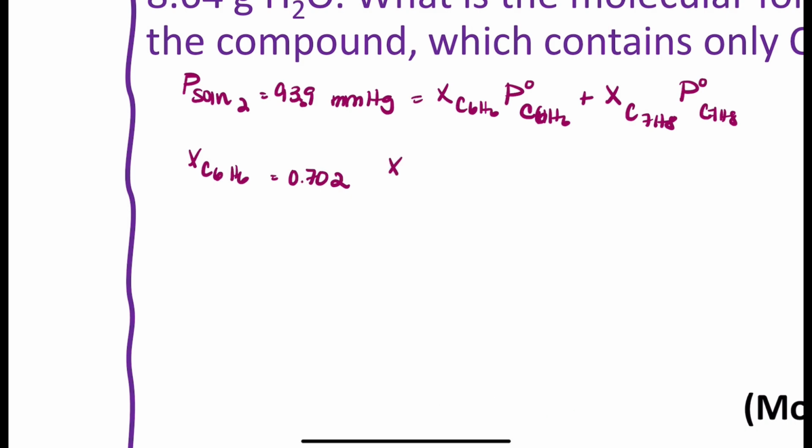That also means that my mole fraction of toluene is equal to 0.298, because the two added together have to equal 1 for the two components of the system. So 93.9, I'm going to put it up here, 93.9 millimeters of mercury. This substitutes into here, and this substitutes into here.